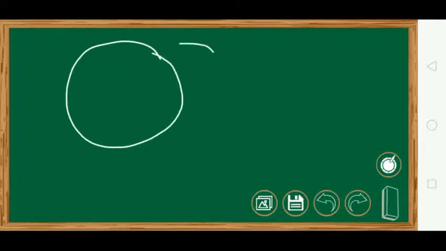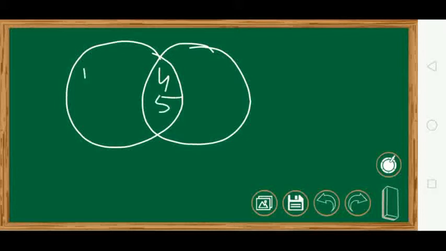Now using the Venn diagram, I can draw like this. 4 and 5 are common. So 1, 2, 3, this is A. 6 and 7, this is B. So this gives you an idea that A is a set which has 1, 2, 3, 4, 5.